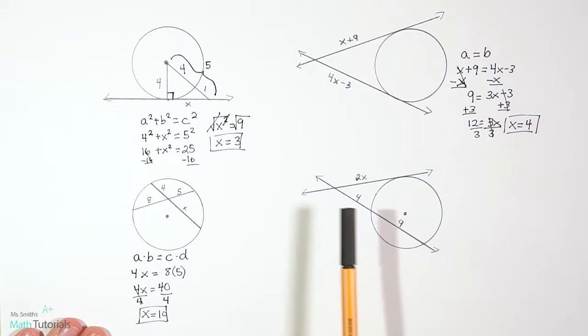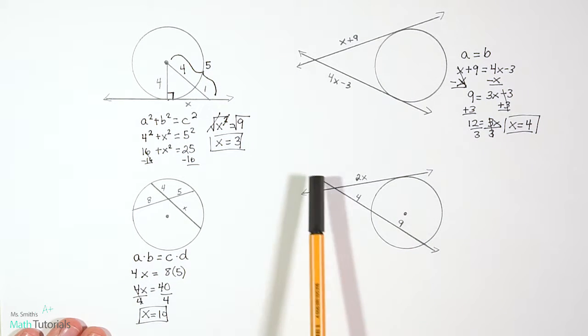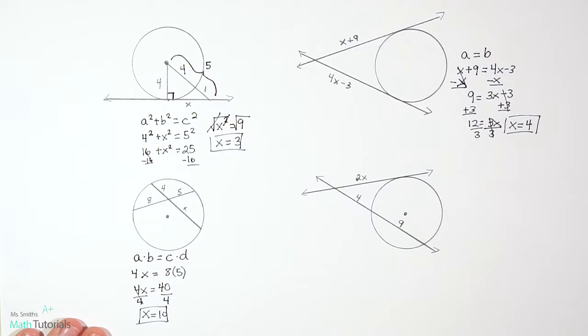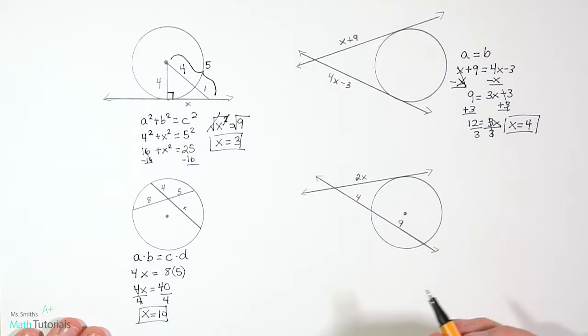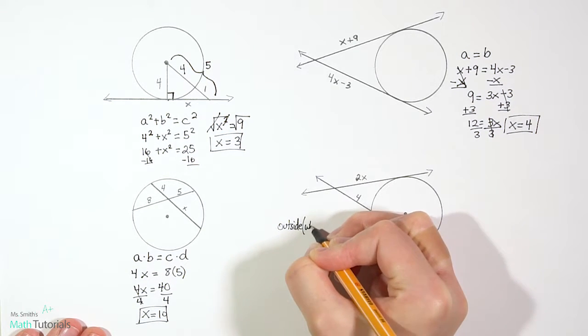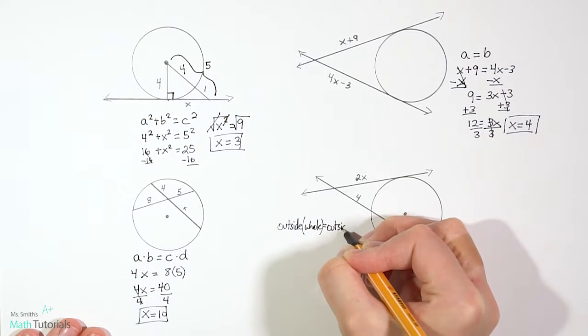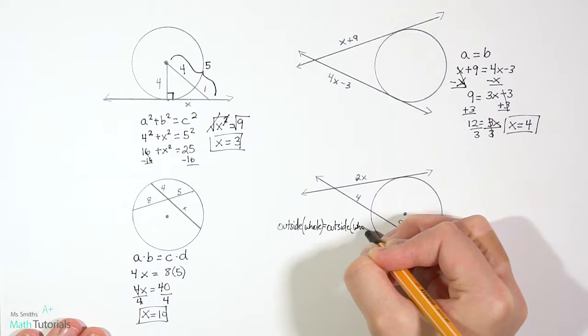Okay, in our next example, notice we have a tangent and we have a secant. So that secant is cutting through the circle. And when we have a tangent and secant, remember that's that rule that goes outside times whole equals outside times whole.